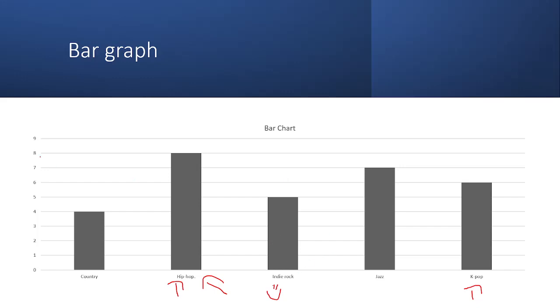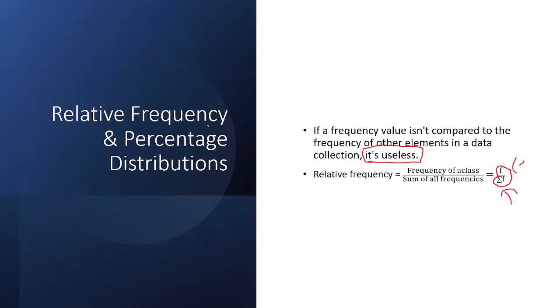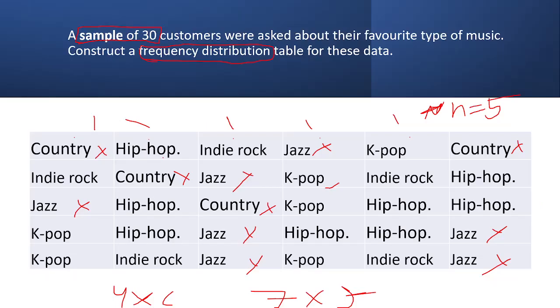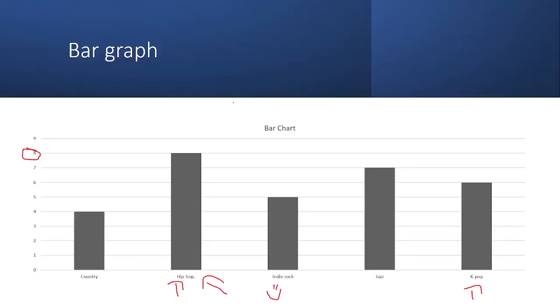But yeah, so that's 8. The winner is hip hop, and that's easily described in a bar chart. That's why it's used. Imagine you had this from the start. Instead of knowing which one is the highest and calculating everything manually, if you're going to present a report of which music category is most favorable from the sample you conducted in your shop, it's easier to use a chart to show you.